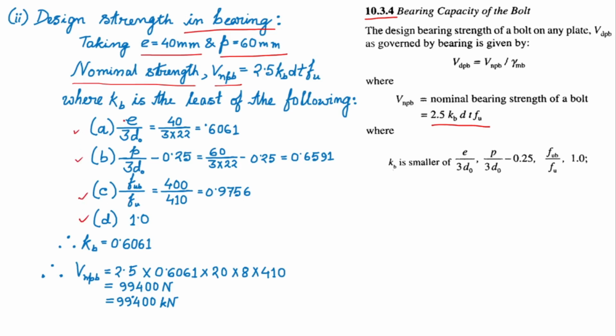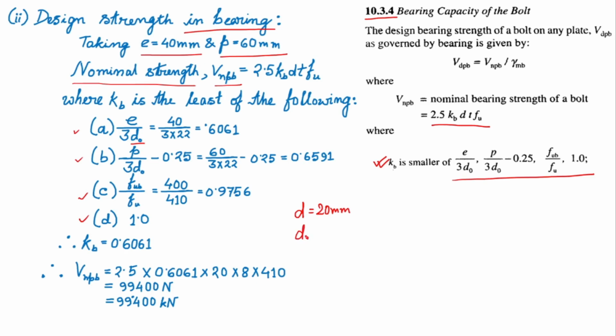What is A? e by 3 d naught. The value of Kb is given here. We have calculated one after another. e by 3 d naught is 40 by 3 into 22. What is d naught? It is the size of the bolt hole. See, here the diameter is 20 mm, means the nominal diameter of the bolt.